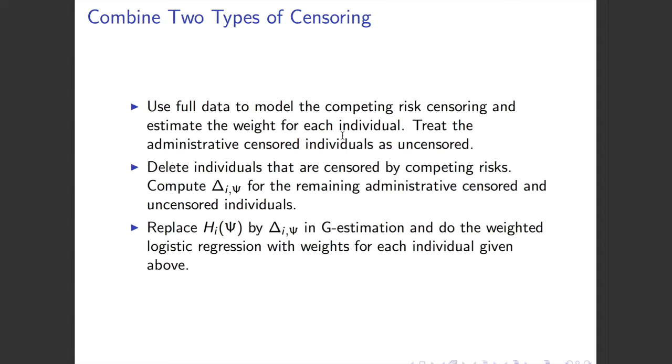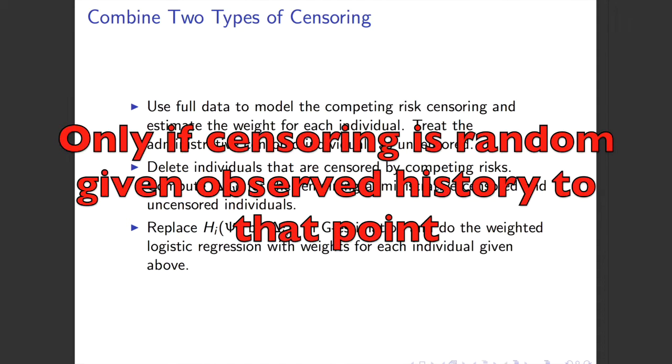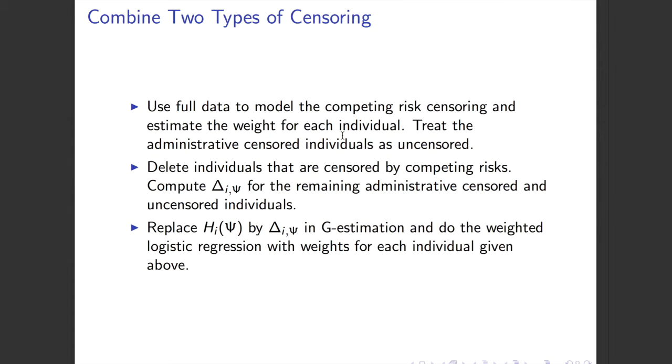Yeah, because those censored individuals only contribute to the weight, and those uncensored individuals represent the underlying population by their inverse weight. So if you weight them in that way, it's like you're simulating from the underlying population, had there been no censoring at all.